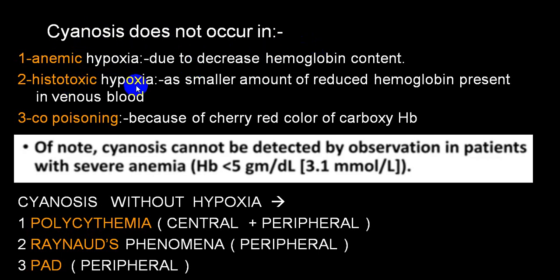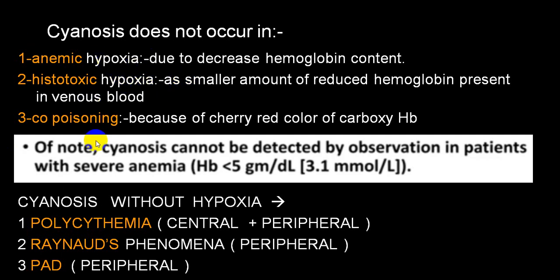In histotoxic hypoxia, entire hemoglobin is completely oxygenated, but that oxygen cannot be utilized by peripheral tissue. We call it histotoxic hypoxia, and hence this will also not produce cyanosis because there is no deoxyhemoglobin circulating in the blood.